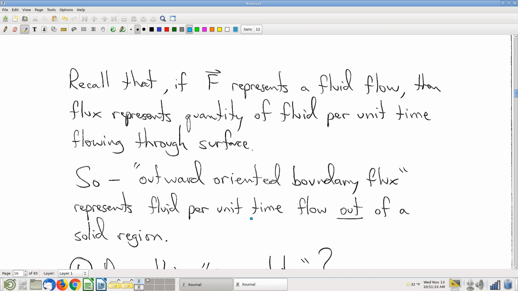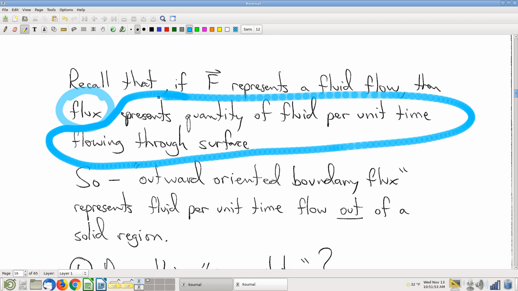Anyway, for engineering and physics applications, we're thinking of our vector field as representing a flow of a fluid, and then flux is the quantity per unit time of fluid flowing through that surface.